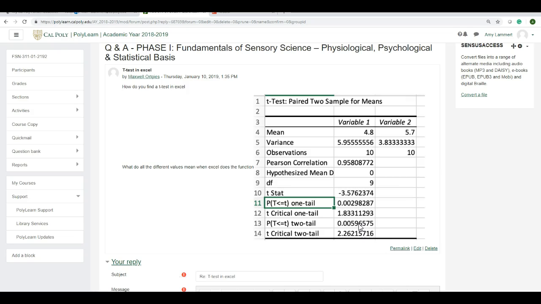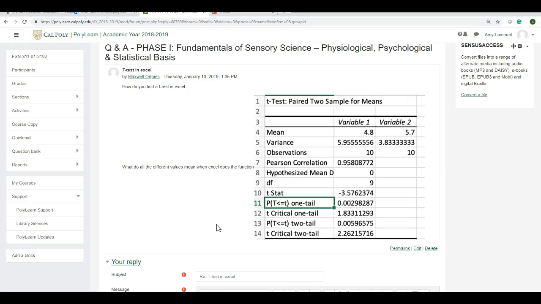If you are doing a one-tailed t-test, your research objective may be sample A is sweeter than sample B, or which sample is sweeter. So there's some sort of direction. Something is more than another. If your research objective is there is a difference in sweetness between the two samples and no direction is given, then you can use a two-tailed t-test.